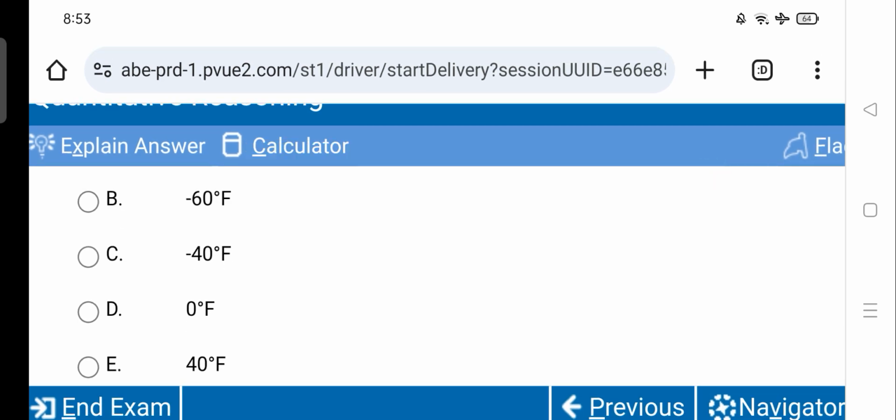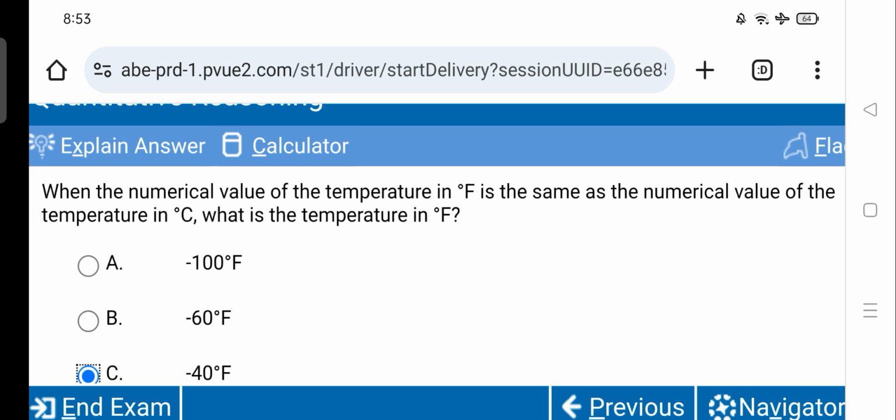That's how we have a correct option, option C, which is minus 40 degrees Fahrenheit. This is the temperature in Fahrenheit.